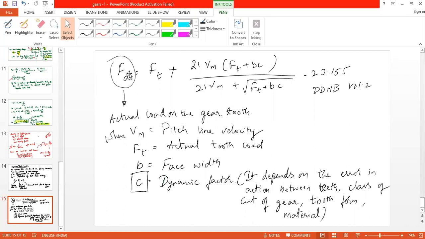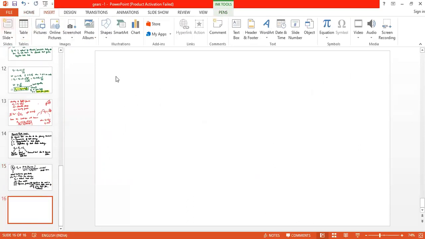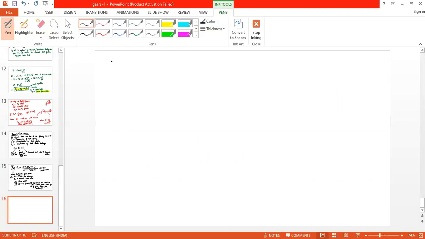Is it clear? So since it leads to surface fatigue or wear, we need to know what is the wear strength of the gear tooth.